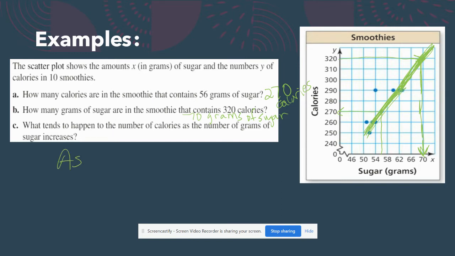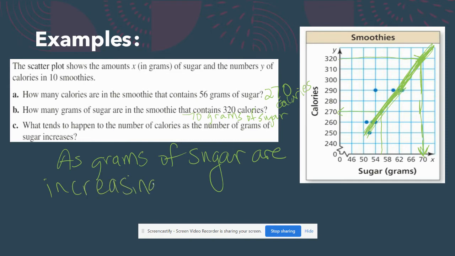So I would say as grams of sugar are increasing, the calories are increasing.